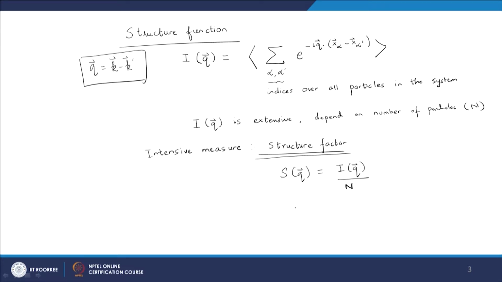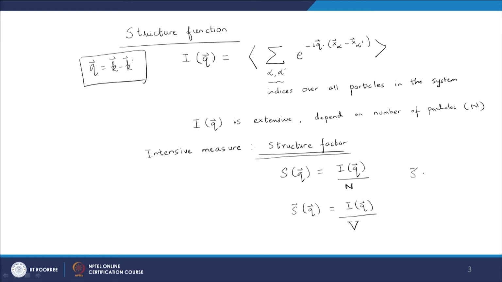If you are looking at any particular literature on the structure factor or scattering, you should be careful how exactly they are normalizing it. Is it by n or by v? But both of them are related. So S tilde is S multiplied by n by v.